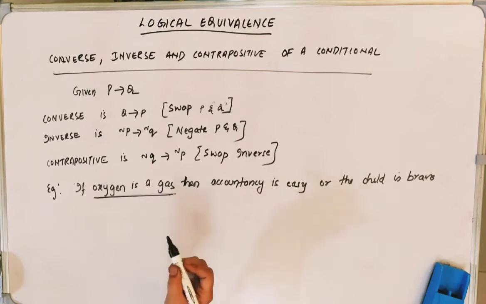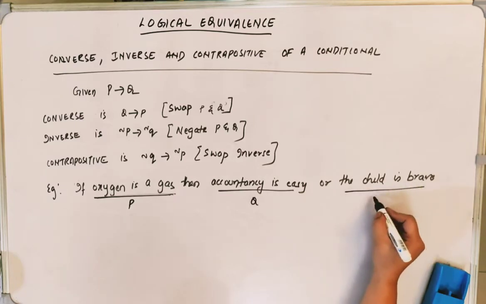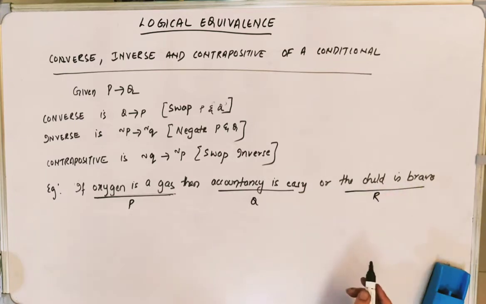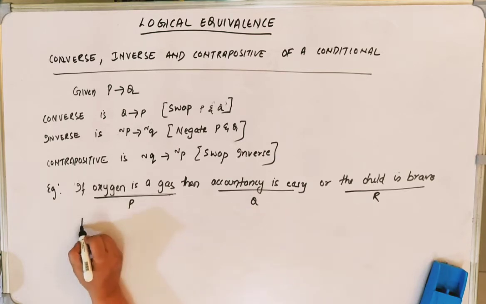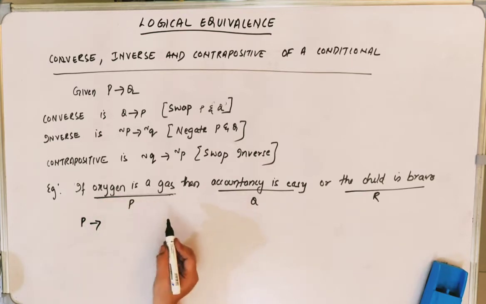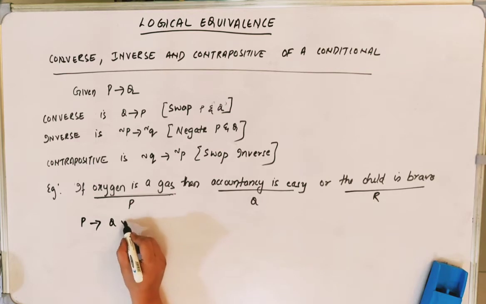So if oxygen is a gas, this is one proposition. Accountancy is easy is another proposition. Child is brave is another proposition. So we have P, Q, and R. Let's first symbolize this. P conditional, because there is if and then, Q, accountancy is easy, or R, the child is brave. This is what we have.